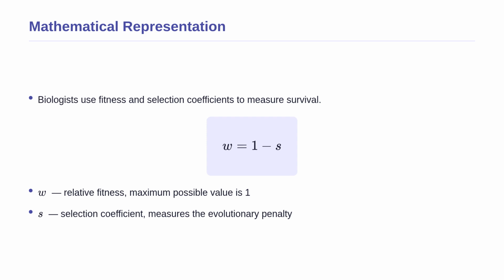It measures reproductive success with a maximum possible value of 1. The symbol S represents the selection coefficient, which is the penalty imposed by nature for having a less advantageous trait. If the environment becomes harsher, the selection coefficient S increases, which mathematically forces the overall fitness W to decrease.